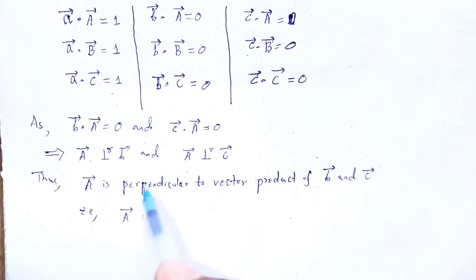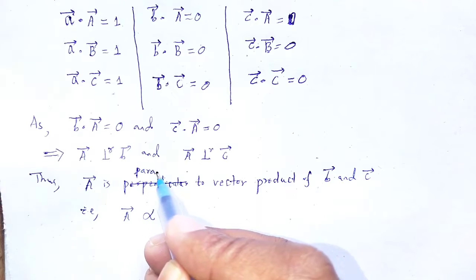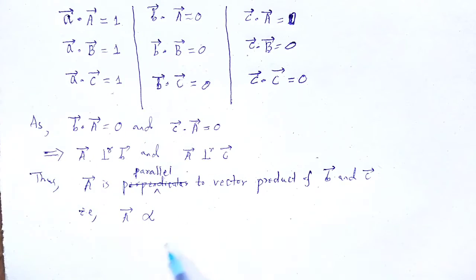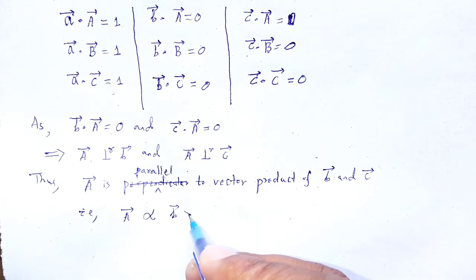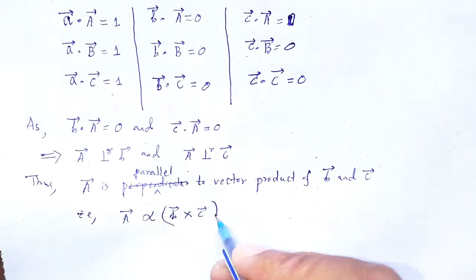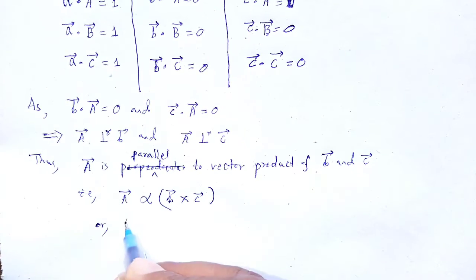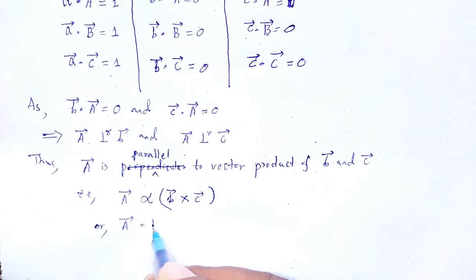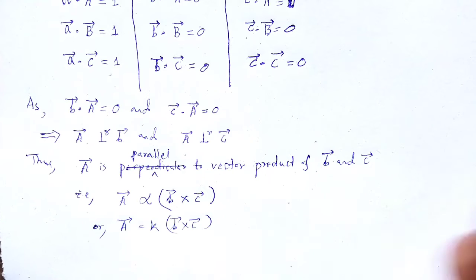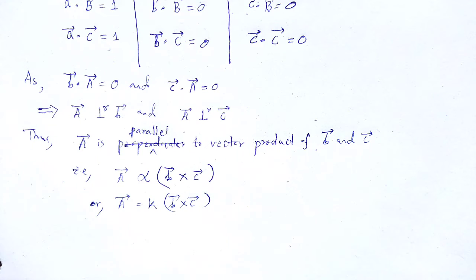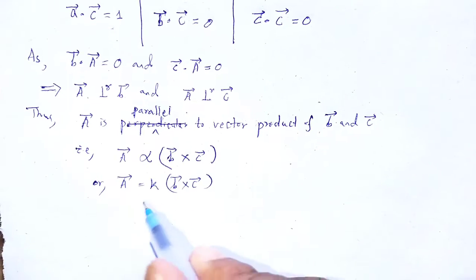Since these results are 0, this vector is parallel. As parallel, a vector is directly proportional to b vector cross c vector. Therefore a vector is equal to k times b vector cross c vector. That is a relation.